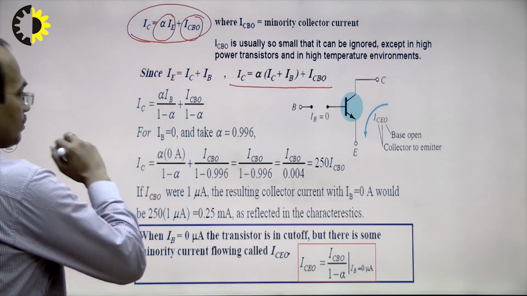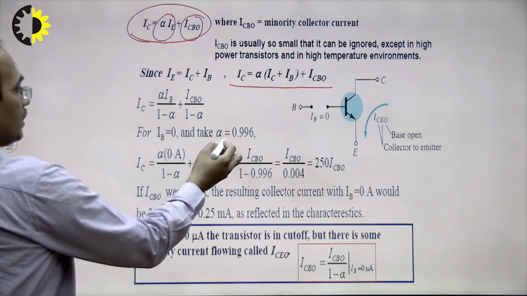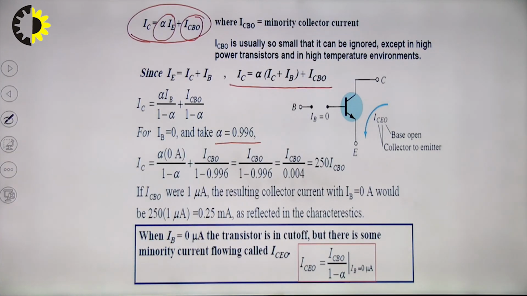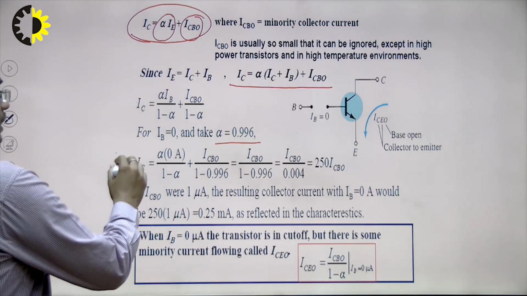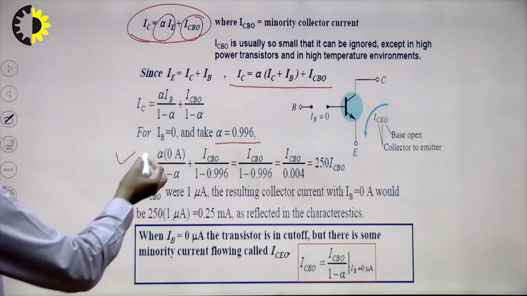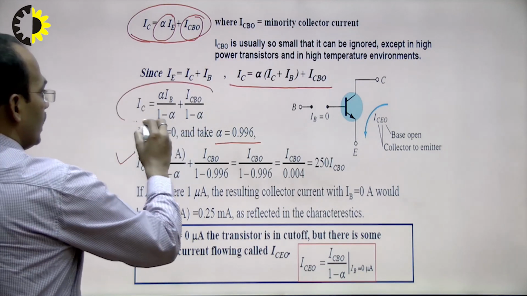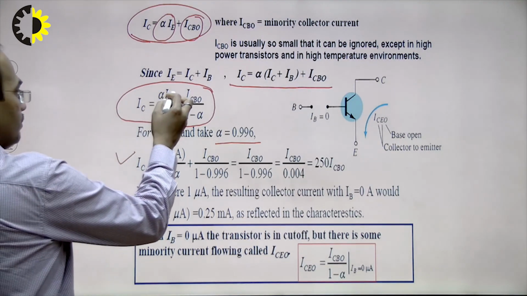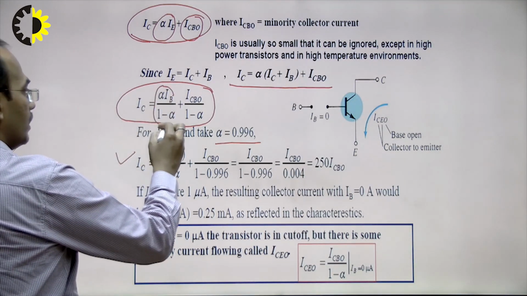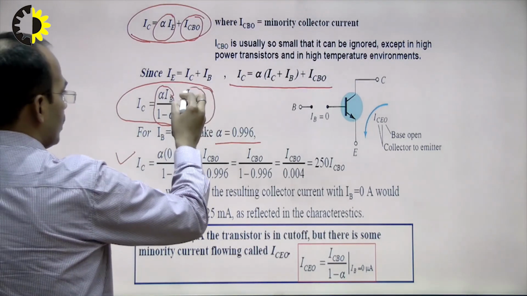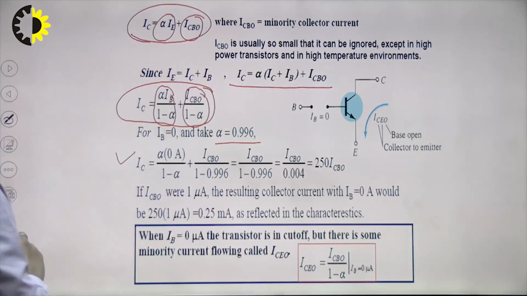For IB equal to 0, consider alpha equal to 0.996. So IC will be equal to 250 ICBO. So what will be the general equation for this? You can write IC equal to alpha IB upon 1 minus alpha plus ICBO upon 1 minus alpha. Here alpha IB upon 1 minus alpha is the majority carrier current, and ICBO upon 1 minus alpha is the minority carrier current.